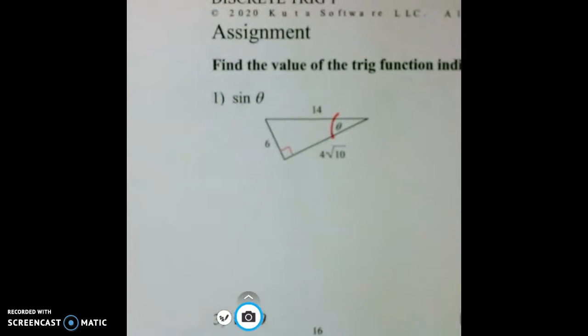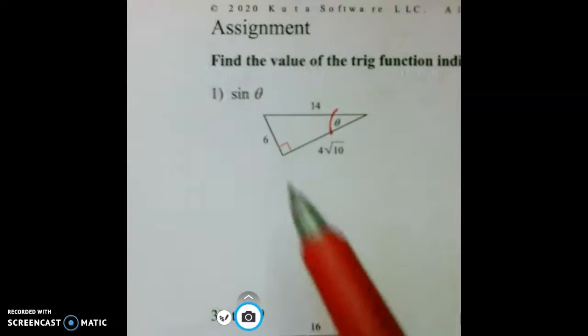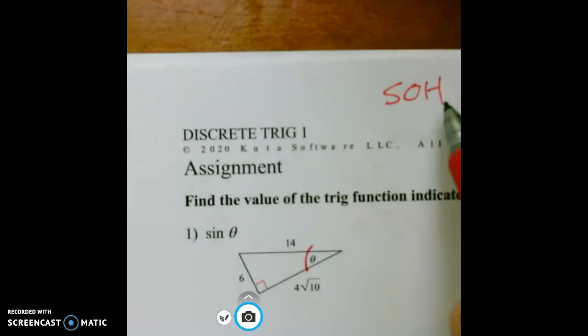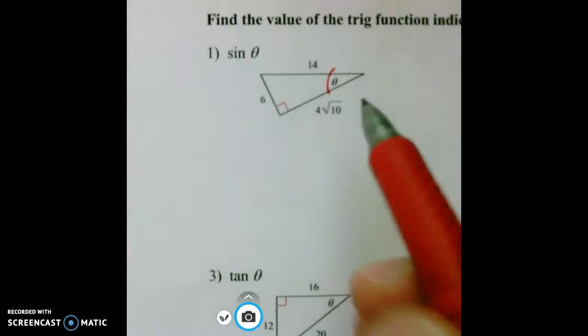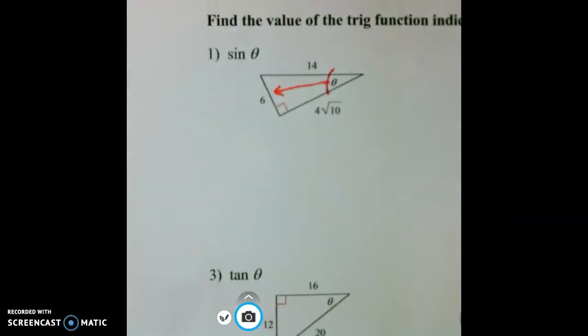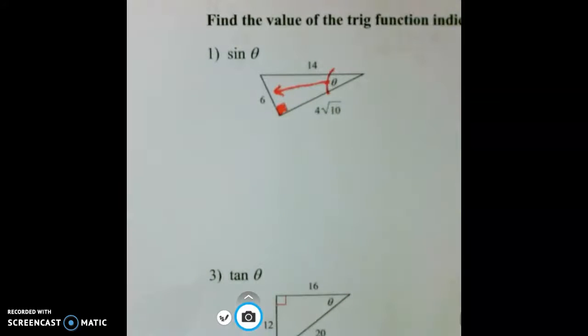Okay, so sine of theta is equal to, remember, the opposite side divided by the hypotenuse. Well, if I'm looking at this theta, the opposite side, and remember it's never the hypotenuse, is right there. That's the opposite side there. And my hypotenuse is the one that's opposite my right angle, or it's my longest side, so it's 14.